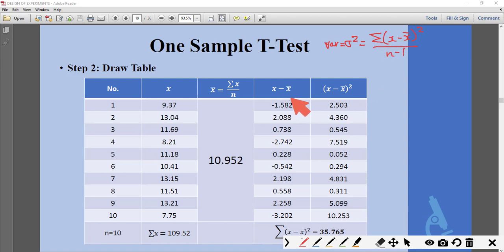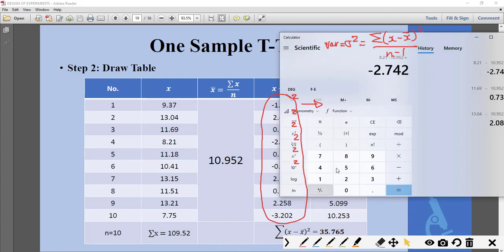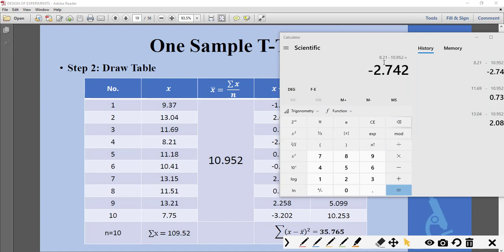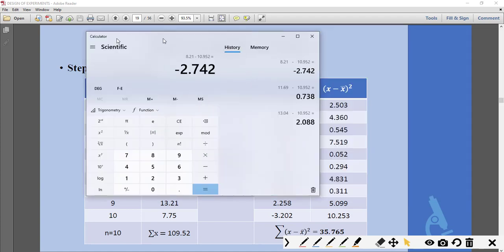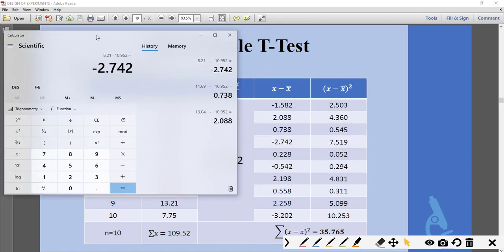So here what we have done, we have calculated the x minus x bar. In the next column, what do? We do the square of each of these terms and write it over here. So if you want to see, okay. So what should be the first?